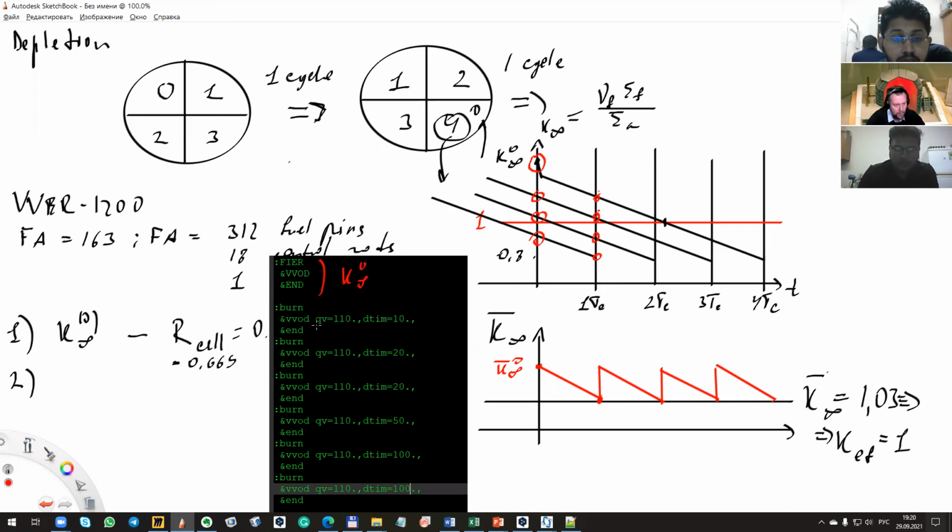And this burn, QV, this one, 110, it's the specific energy release. So QV is megawatt per meter cubed.